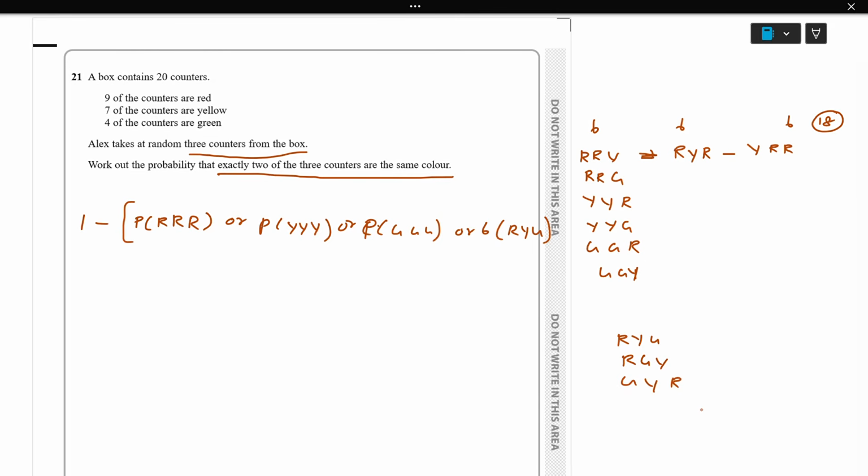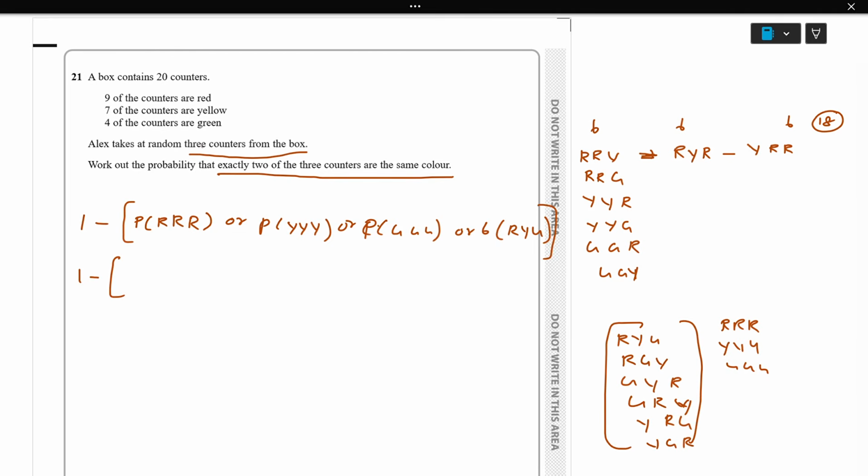What are the 6 variations? The 6 variations are R, Y, G, R, G, Y, G, Y, R, G, R, Y, Y, R, G, Y, G, R. These are all not required. These same colors are also not required: R, R, R, Y, Y, Y, and G, G, G. All of this I'm going to remove. Okay, so this is what I'm doing.